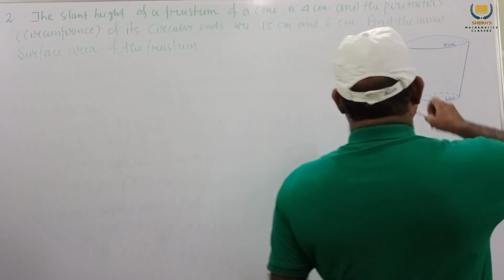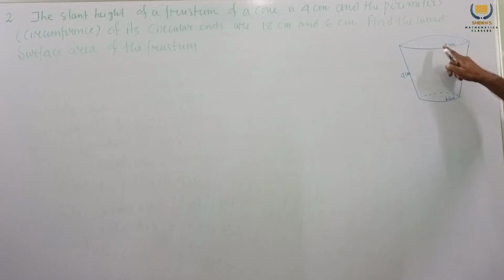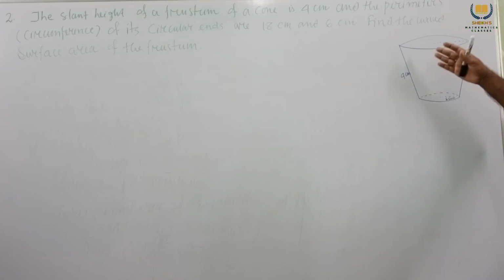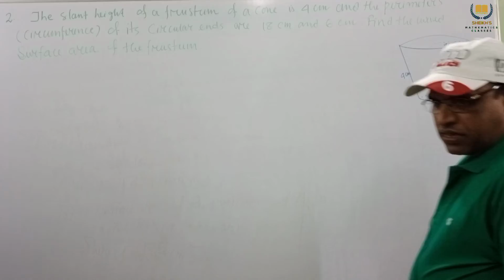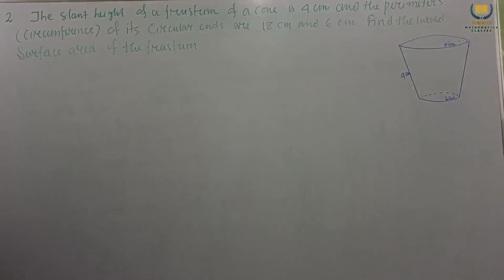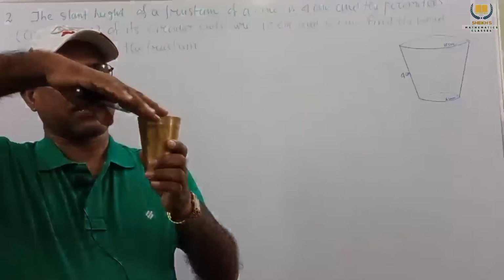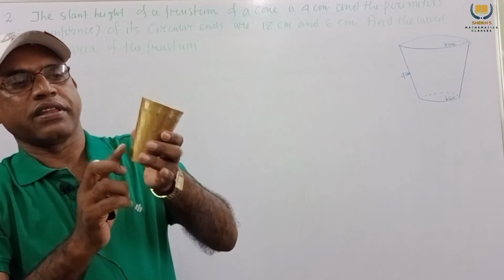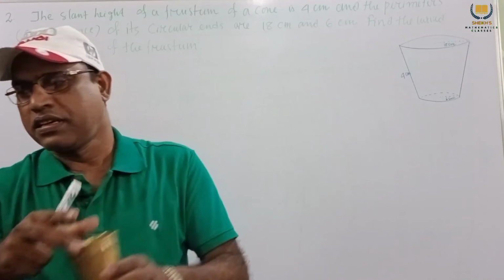This is our cylinder height, given 4 centimeter, and this circumference 18 centimeter, this circumference 6 centimeter. Now what is the curved surface area? We have to find the curved surface area.